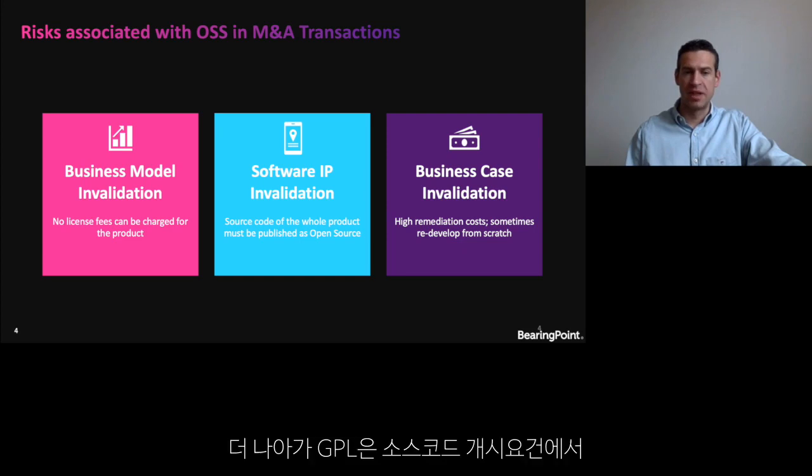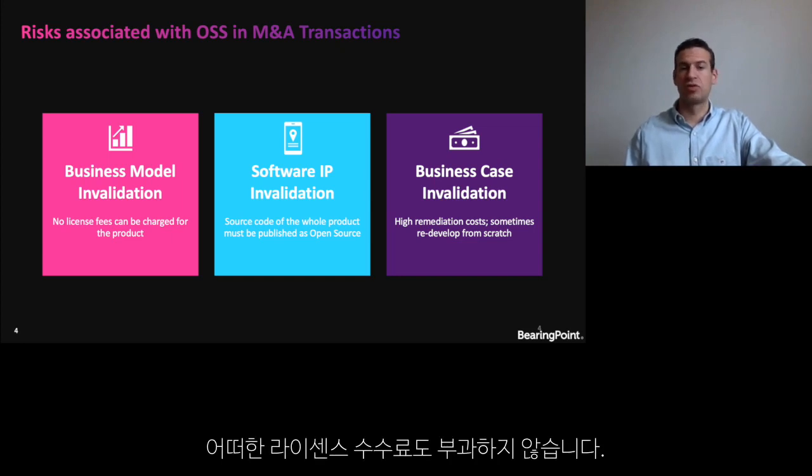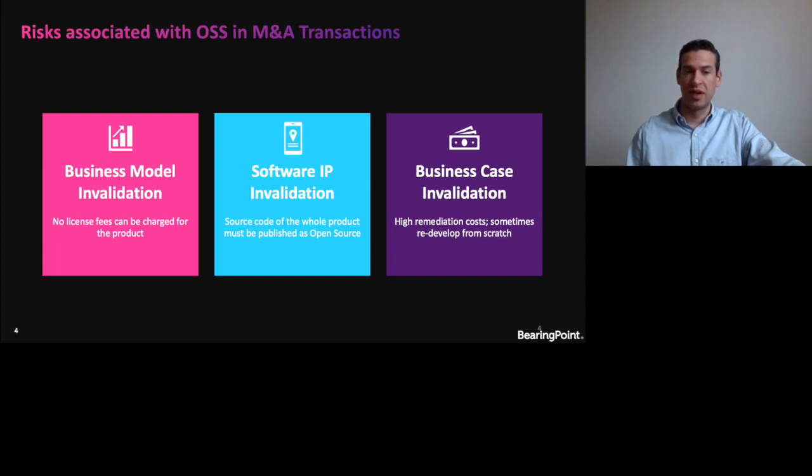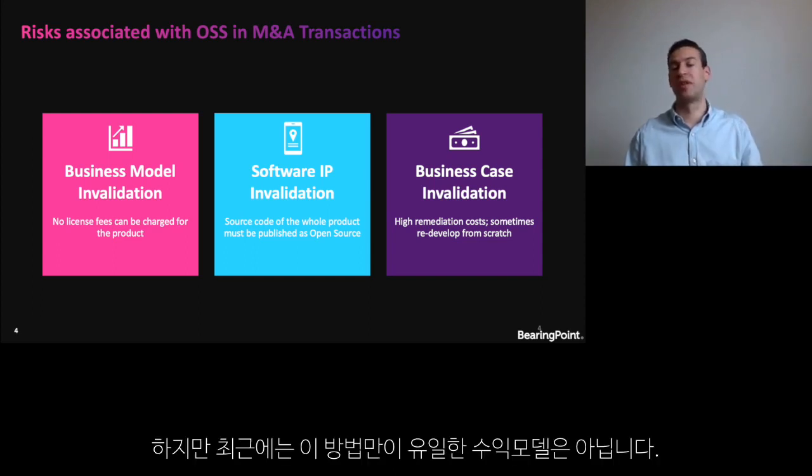And in addition to the source code disclosure requirement, the GPL does not allow you to charge any licensing fees. So in many cases, the business model of the target is based on revenues from licensing fees. So this will no longer be viable in this case.